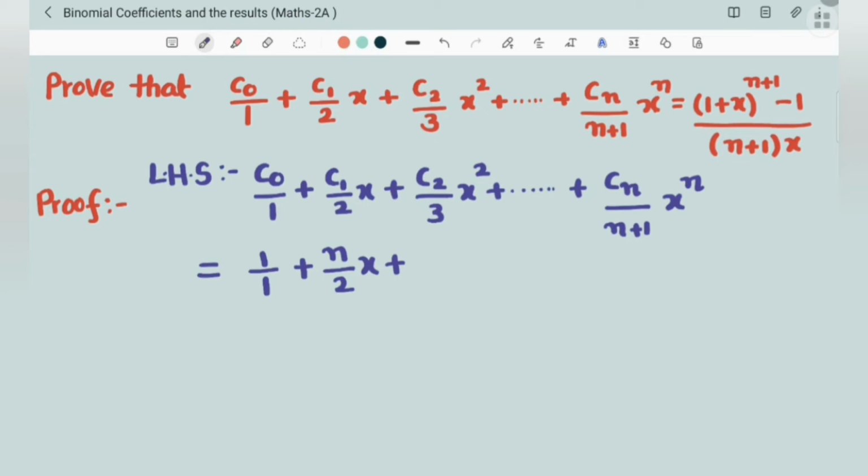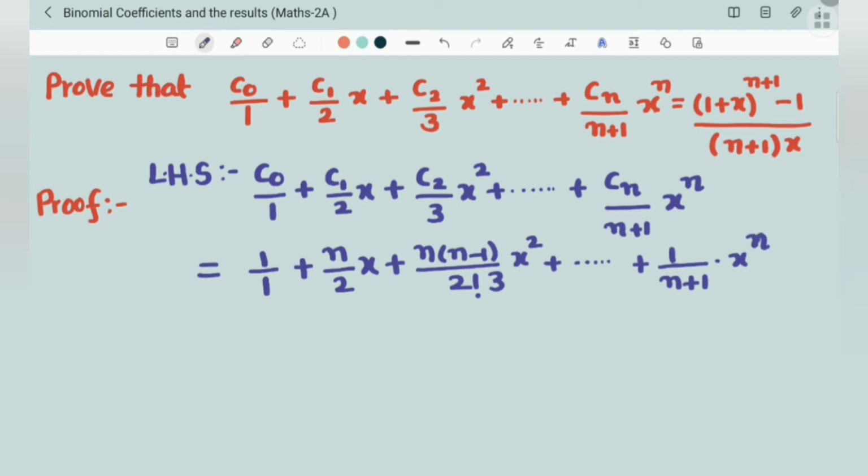NC2 means n into n minus 1 divided by 2 factorial into, already 3 is there in the denominator, into x square plus and so on. NCn. NCn is equal to 1. So 1 by n plus 1 into x power n.